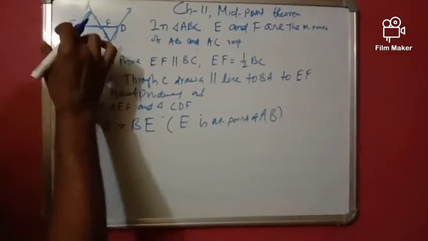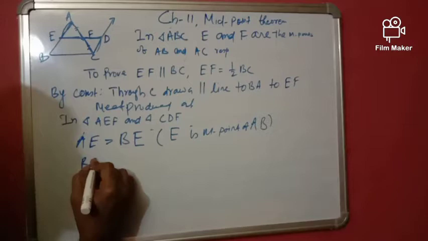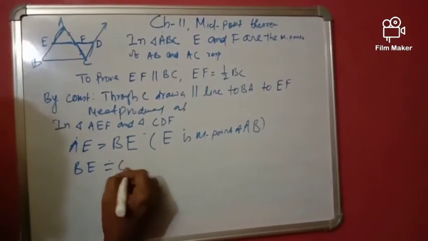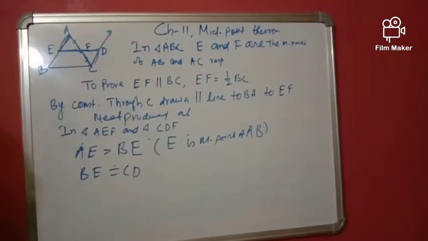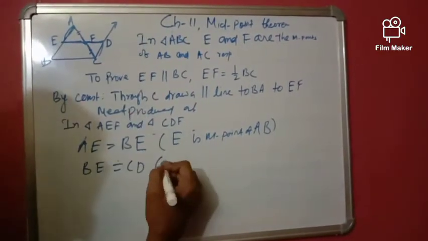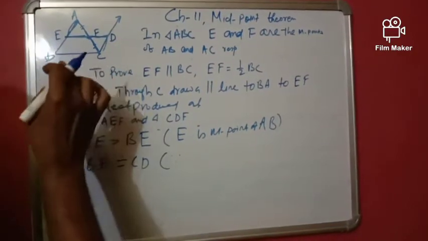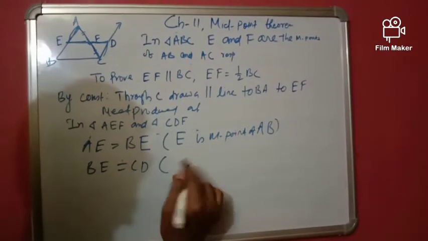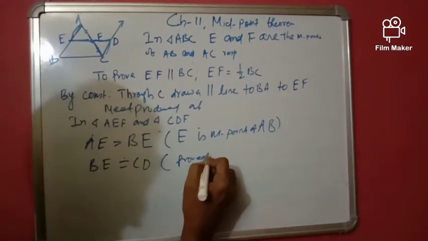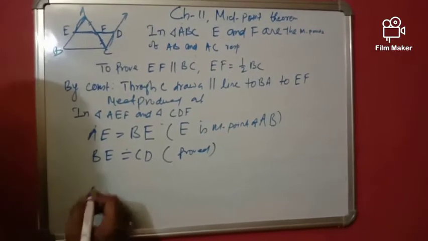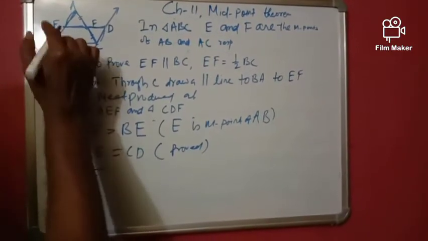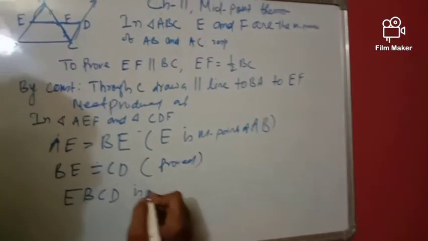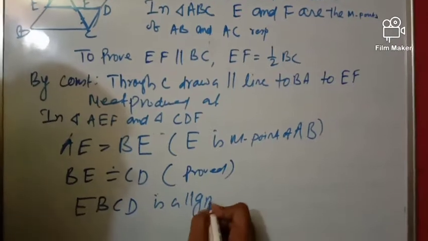Now BE equal to CD, because I have already proved it above. Therefore EBCD is a parallelogram.